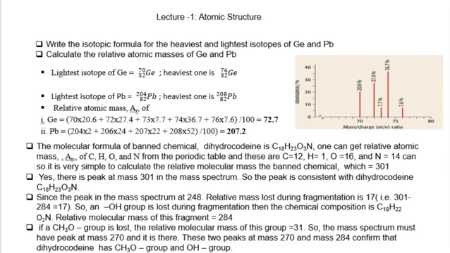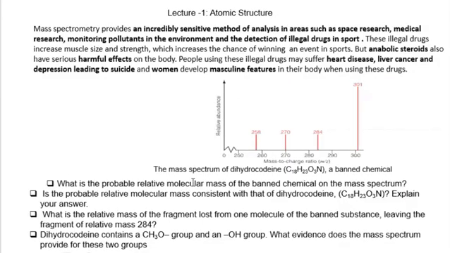Now we go to the problem of the banned chemical. We had a few questions here. What is the probable relative molecular mass of the banned chemical from the mass spectrum? Here we have the chemical composition of dihydrocodeinone: carbon 18, hydrogen 23, oxygen 3, and nitrogen.